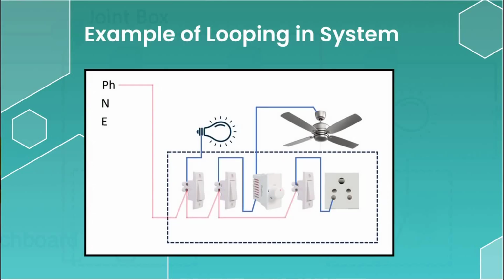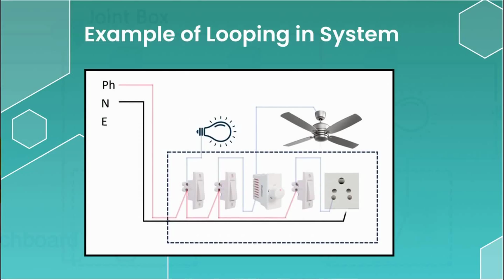The load terminal of switch 3 is connected to the phase terminal of the 6 ampere socket. Now for the neutral connection, the neutral wire from the DB box is connected to the neutral terminal of the 6 ampere socket. For this example, we are assuming that the socket is the nearest load from the DB. From the 6 ampere socket, the neutral connection is extended to the lamp.